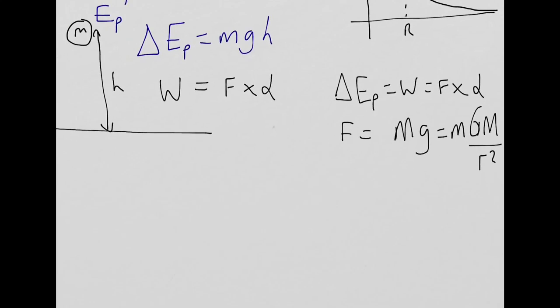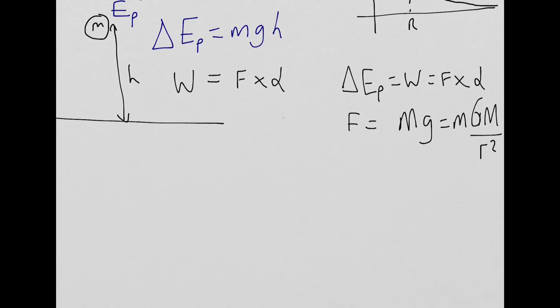So in that case, bringing all these things together, we can say that the change in gravitational potential energy is equal to the work done, which is equal to force times distance. The force would be this bit here. Now I'm going to move the little m to the other side because we're used to seeing it there. It just generally gets drawn that way.